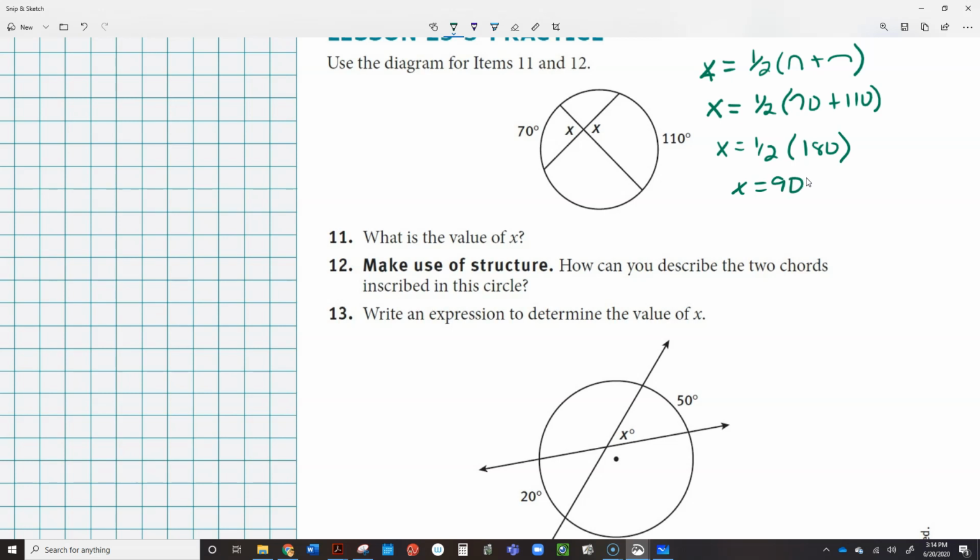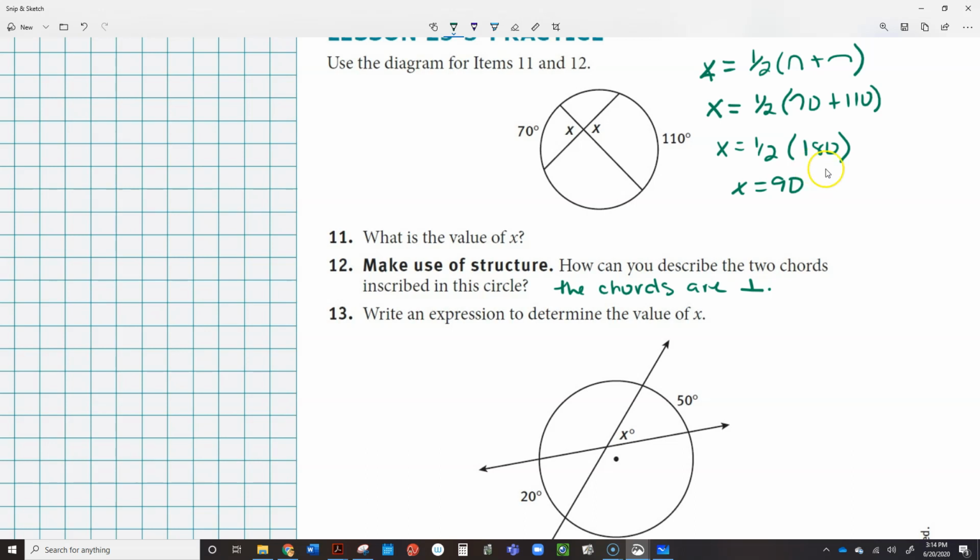So x is equal to 90. How can you describe the two chords inscribed in this circle? Okay, well, if x is 90, then the chords are perpendicular.